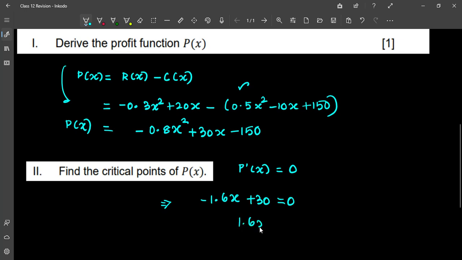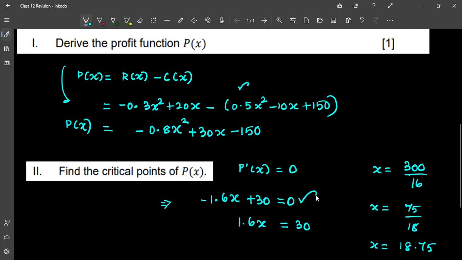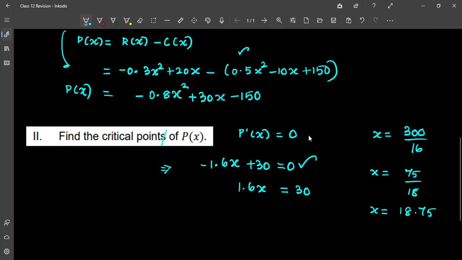So 1.6x is equal to 30, X is equal to 300 divided by 16. If you calculate it, X is equal to 18.75. Since it is just a linear function, we have only one critical point. There is just one exact critical point, which is 18.75.